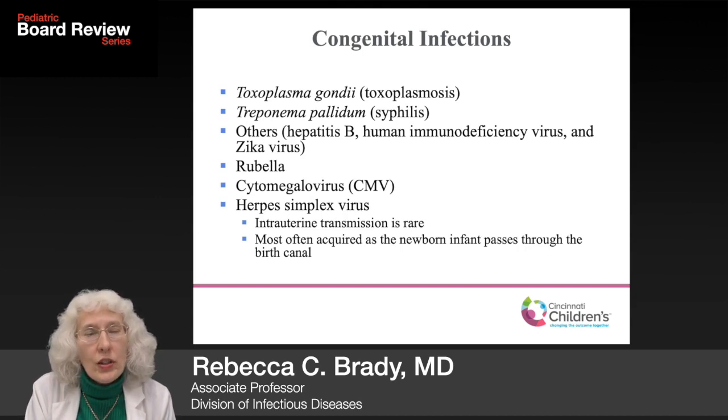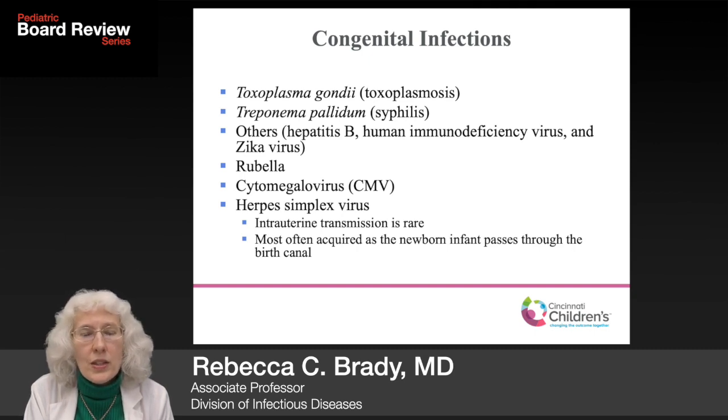So with congenital infections, you may have learned a mnemonic back in medical school, TORCH. We don't use that as much anymore, but it can be useful to remembering what the different infections are. So the T may stand for Toxoplasma gondii, which causes toxoplasmosis, or Treponema pallidum, which causes syphilis.